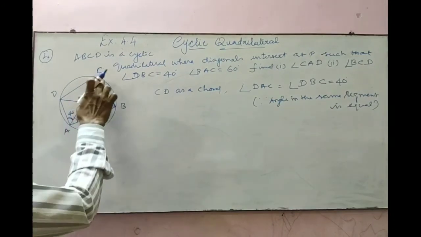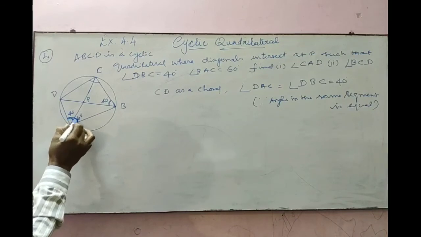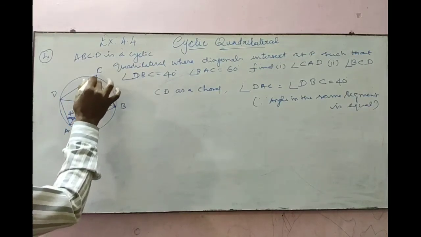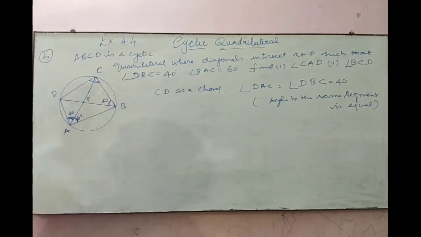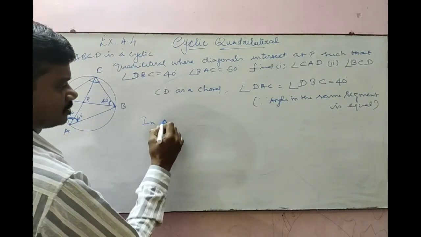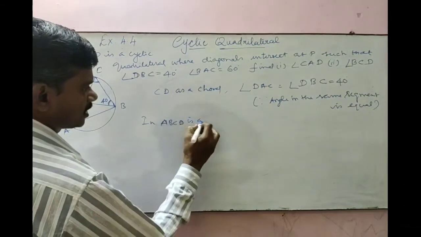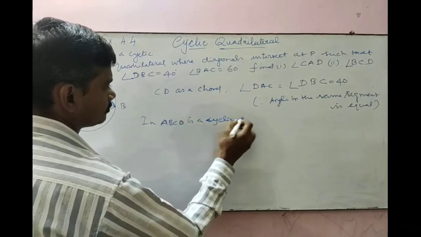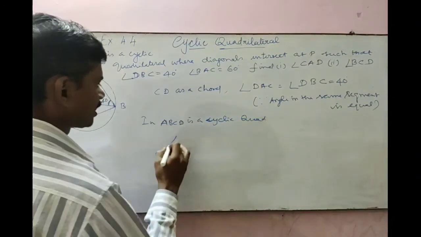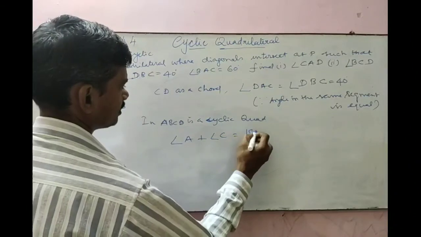Next I am going to use the cyclic quadrilateral property: in a cyclic quadrilateral, opposite angles sum to 180 degrees. So ABCD is a cyclic quadrilateral. So angle A plus angle C equals 180.